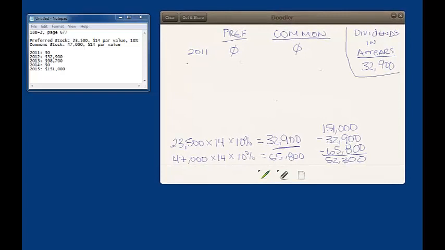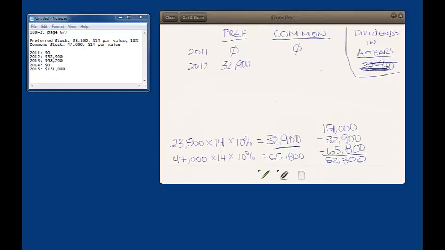Okay, so let's move on to 2012. In 2012, we have $32,900 in dividends to pay. So the very first thing that happens is that preferred stockholders are paid dividends in arrears, which is $32,900. So we haven't even started any of our steps yet, and we're already getting the preferred stockholders caught up.